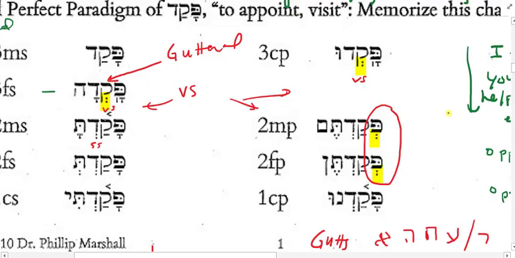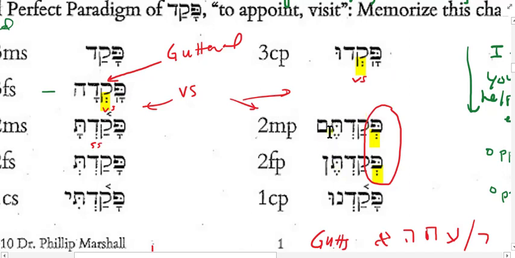So to go back to our paradigm, here's our perfect paradigm. Pakad, pakada, where the vocalic ending pulls the stress to the end, so no longer root 2. And then pakadta, pakad, pakadti. You see there, we're stressing root 2 all the way through unless we have a vocalic ending, like the plural, pakadu.